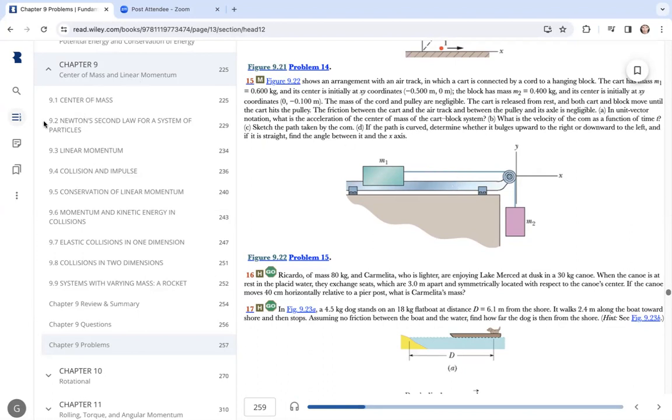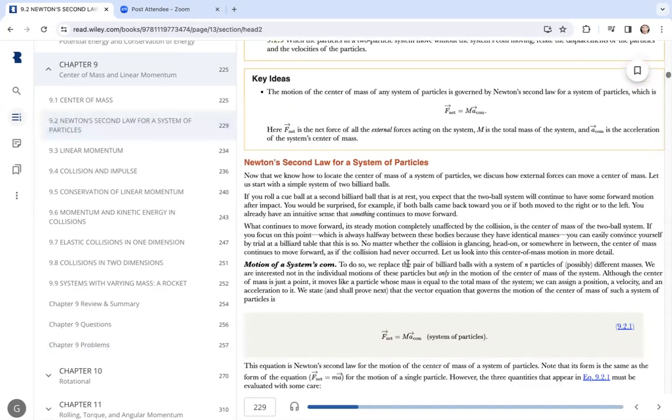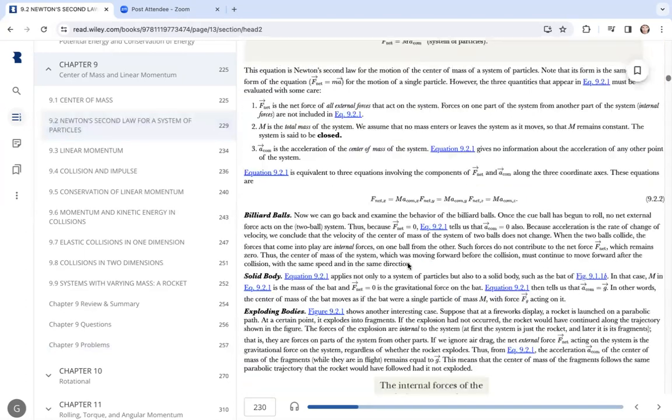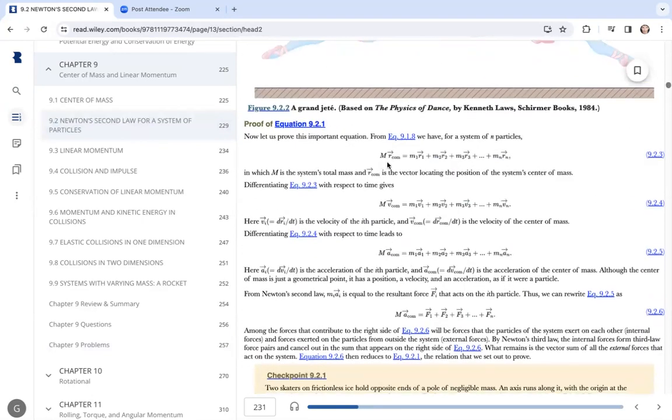Well, go back in the chapter. All right, let's go here. Key ideas. Well, if this is your center of mass equation, then you can think of the velocity of the center of mass as the derivative.